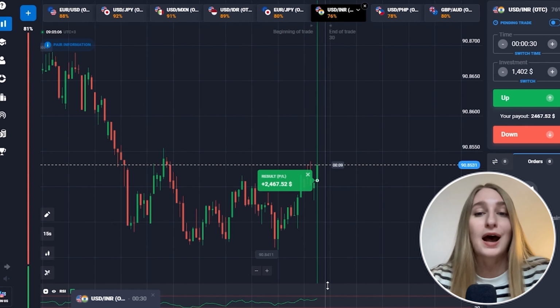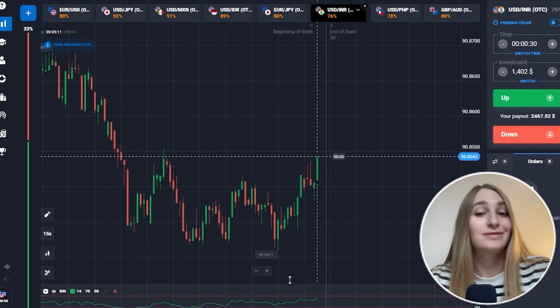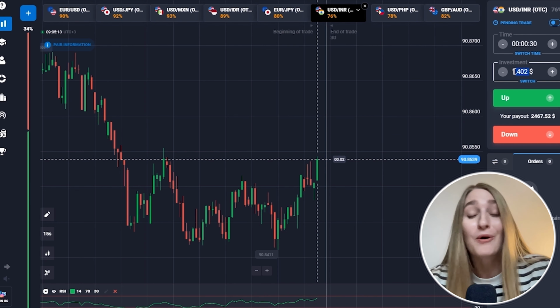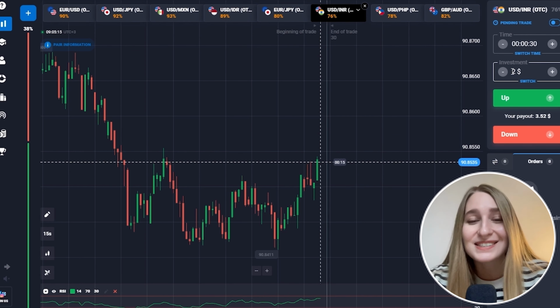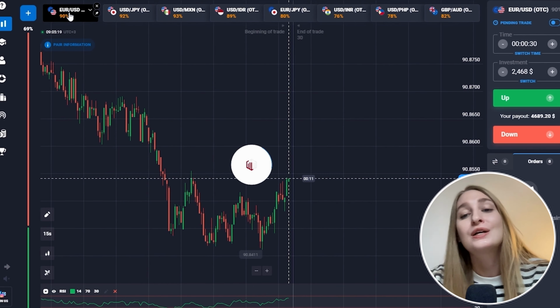Now guys, look, our day works out perfectly and closes in the plus. It's already over $2,000 in the balance, so we don't stop there, we change the amount of our transaction and move on, looking for situations that fit our strategy.